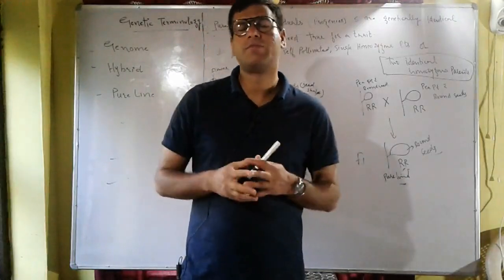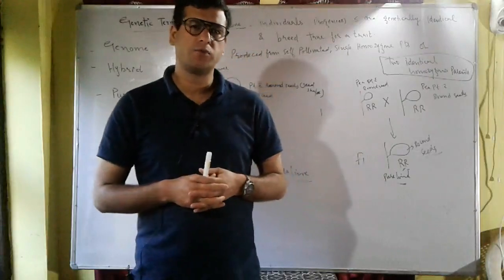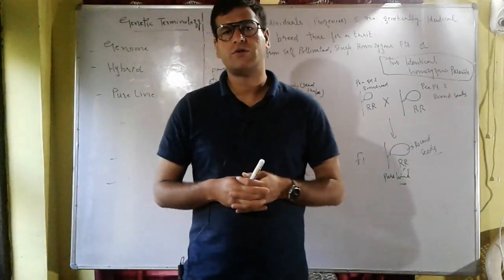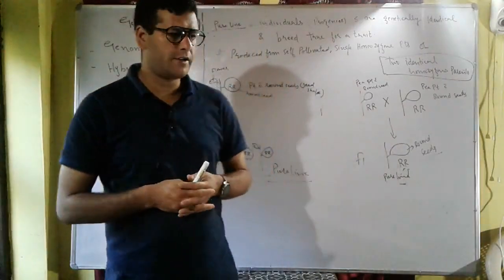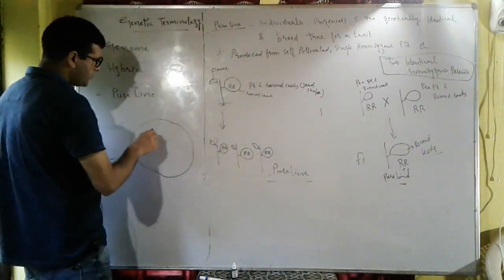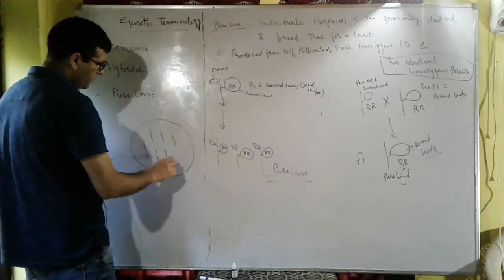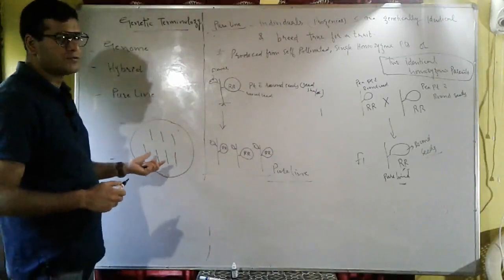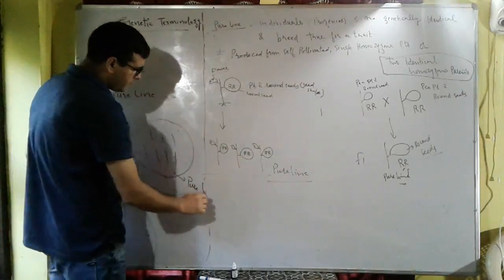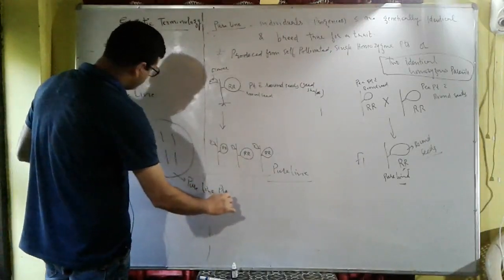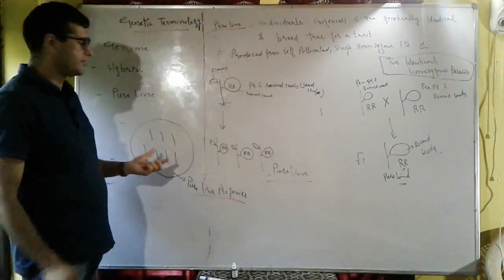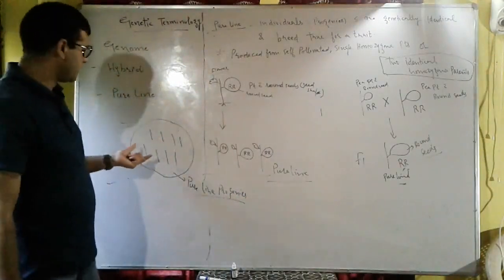Sometimes there would also be variation, and the variation in pure lines or homozygous individuals is solely due to environmental factors. For example, if we have 100 pure line progenies, they are all identical, they have a similar genotype.